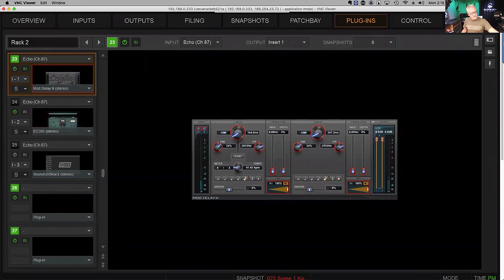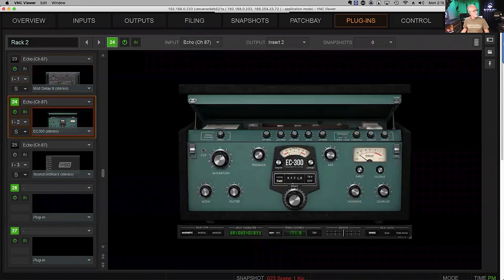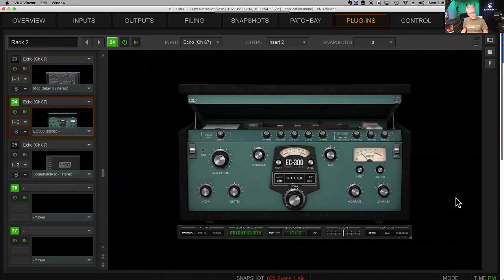Okay, let's go to our next device. Again, this is the EC300. You can hear a little bit of shifting going on with this guy. And on the EC300, you have the choice of making it kind of mono or stereo or ping-pongy. You can do that just with the flip of a switch.